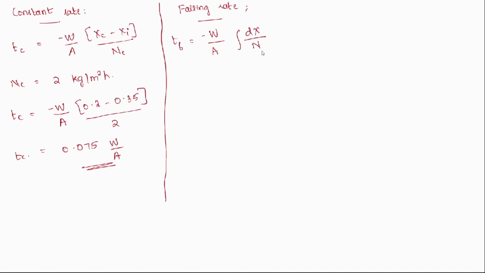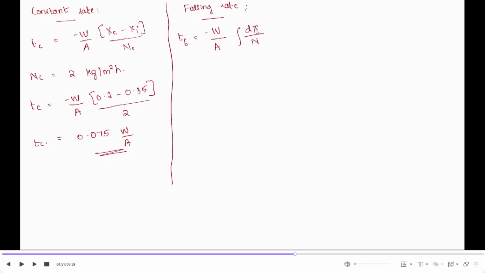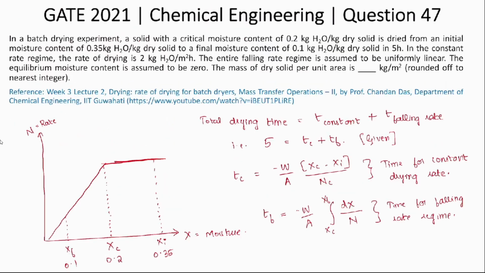So what is this n in terms of x is what we need to find out here. If we go to the drying rate curve, this falling rate is basically a straight line starting from the points 0.2 and 2, and the bottom point represented as 0.1 and L.